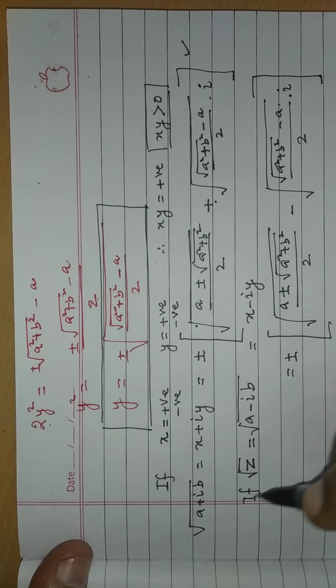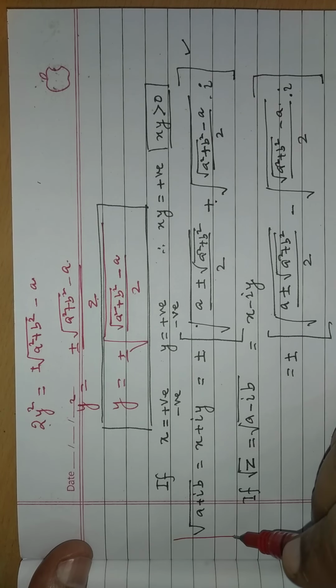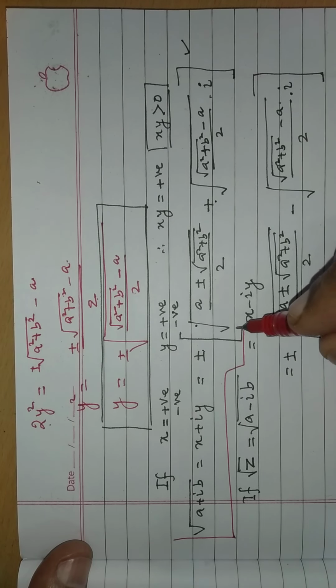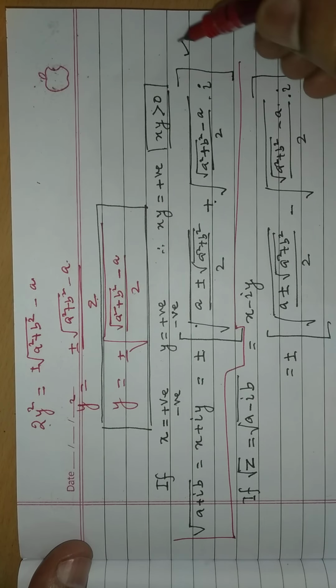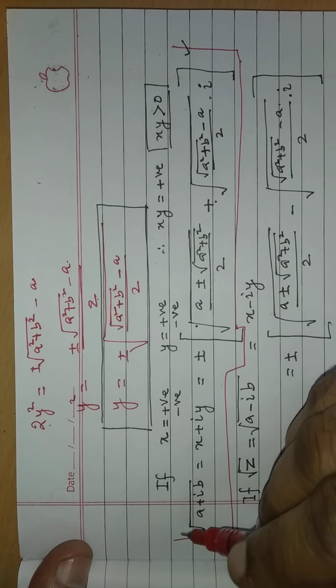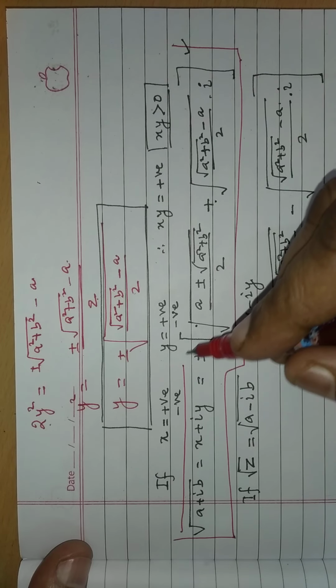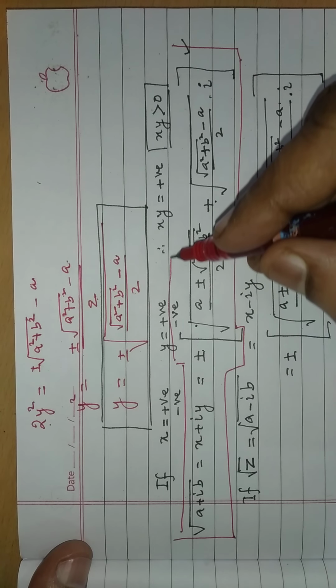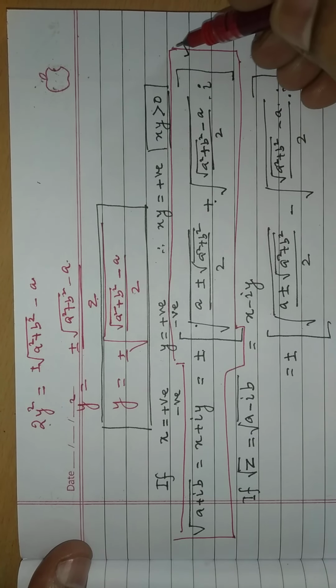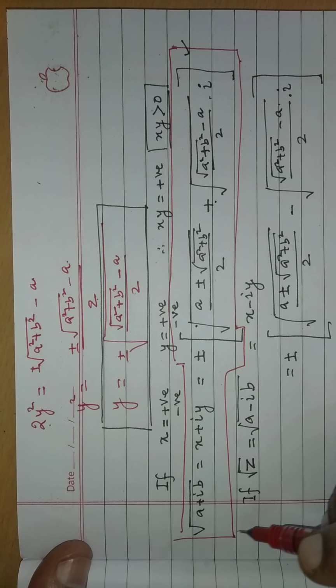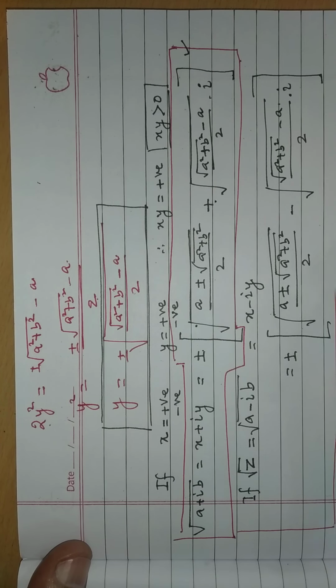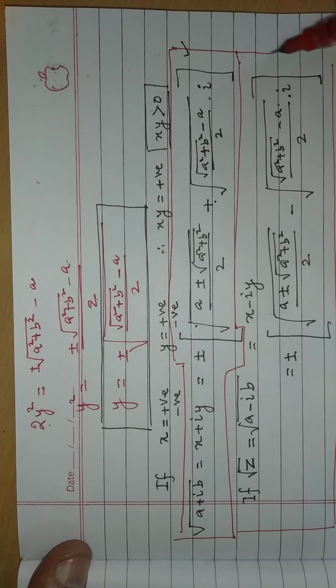So this result will help directly to find the square root of any complex number which is in the form of either a plus ib or a minus ib. That is the standard form.